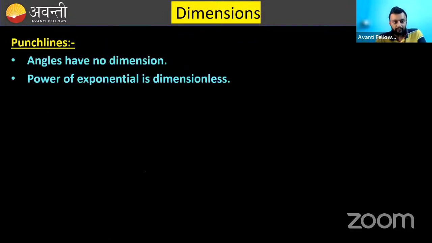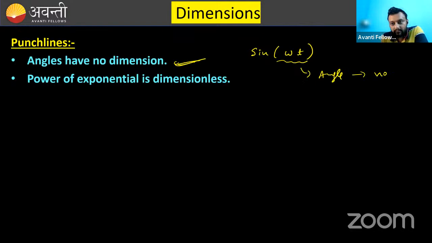Moving further. Now there are some punchlines. One punchline says angles have no dimension. For example, if I have written sine of something as omega t, then omega t is the angle. So this angle will have no dimension. Is this point clear?